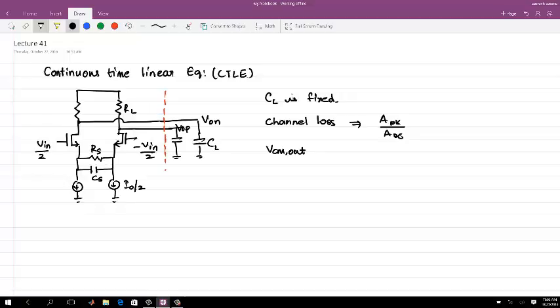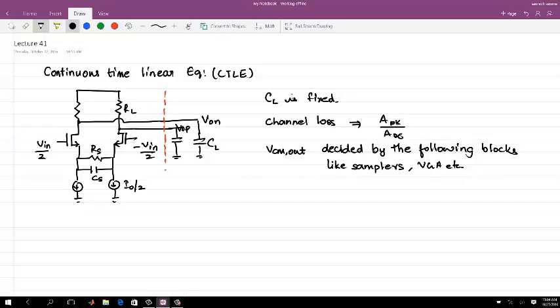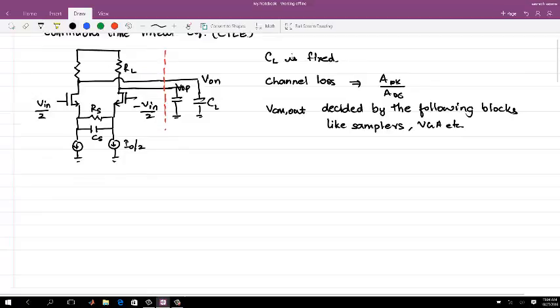This is quite important in this circuit because it will decide the other poles in the system. So the common mode output voltage will be decided by the following blocks, more or less, unless you use some level shifters in between. Following blocks like samplers or variable gain amplifiers, VGA, etc. So this is what you know about this equalizer.